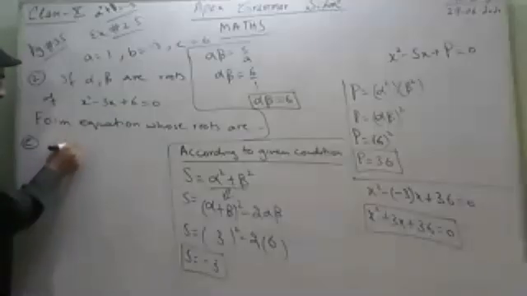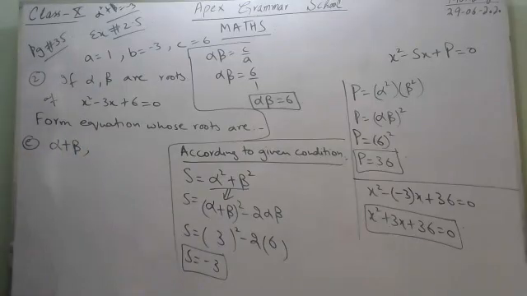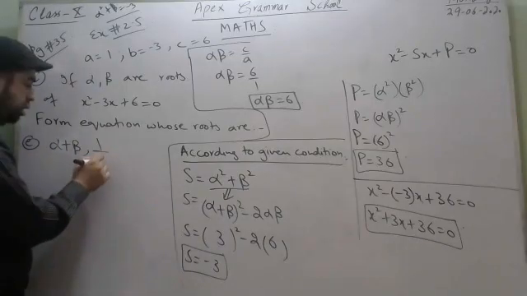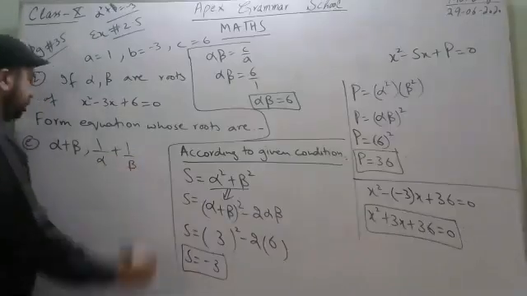First root is alpha plus beta, and the second root is 1 over alpha plus 1 over beta.